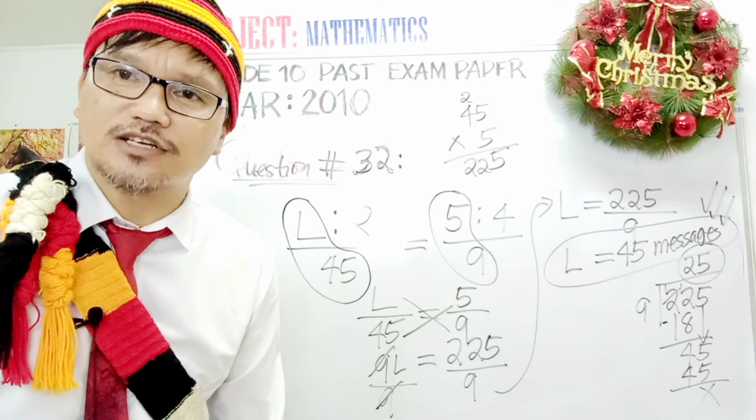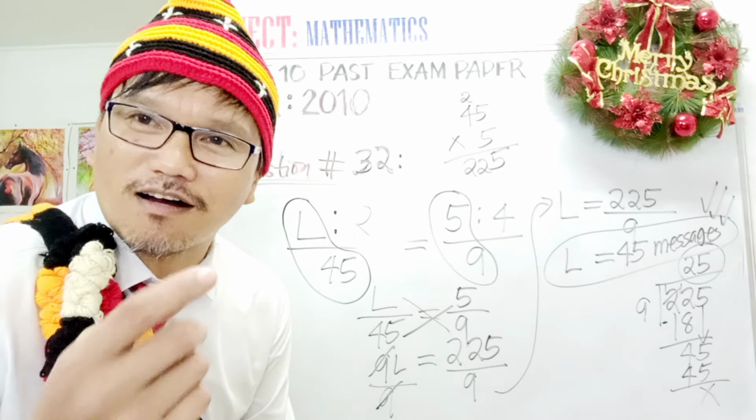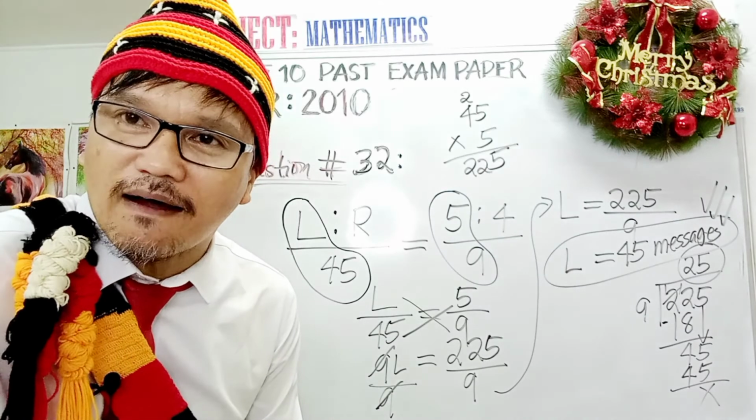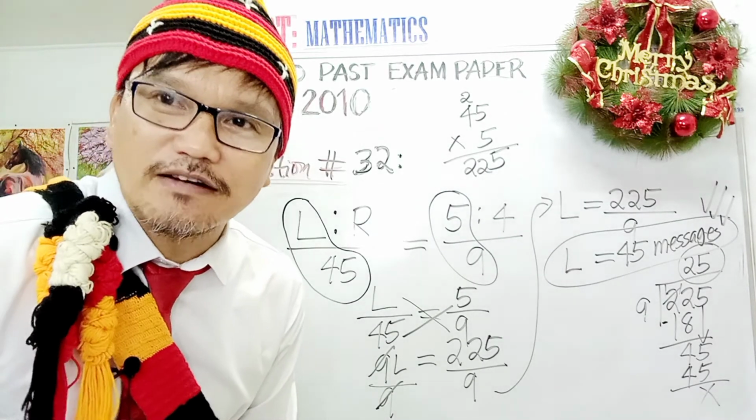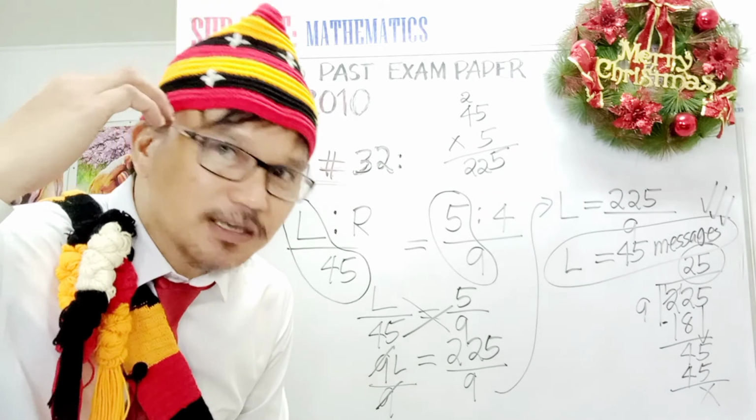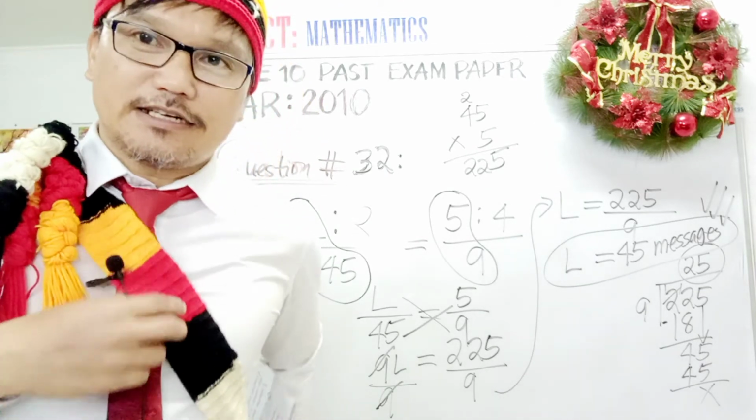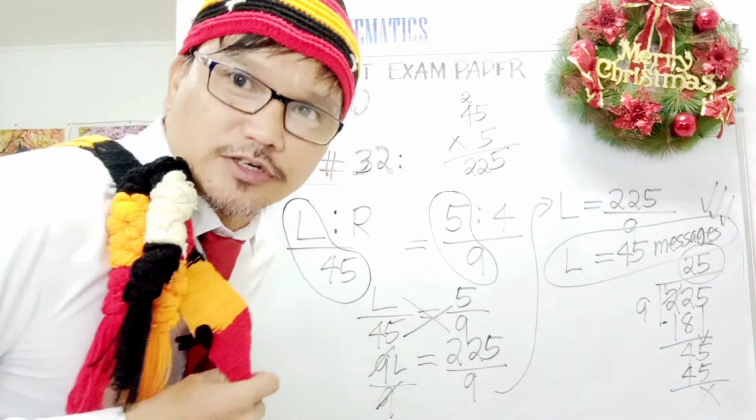This is Mr. Delicious. By the way, if you are surprised why I am wearing this, this is a PNG bonnet, and this is a PNG balloon. Okay, how does it look?